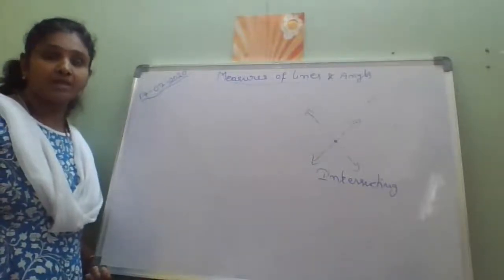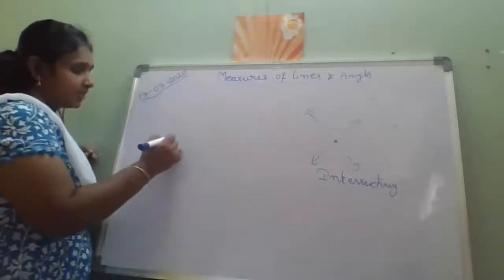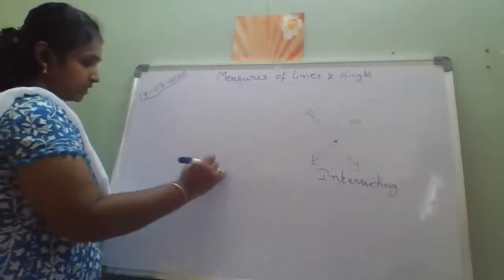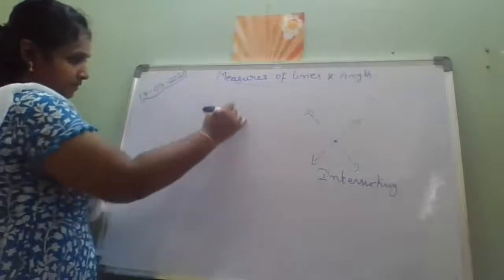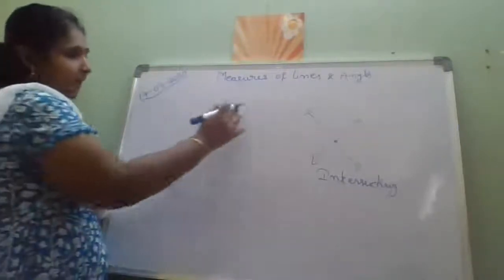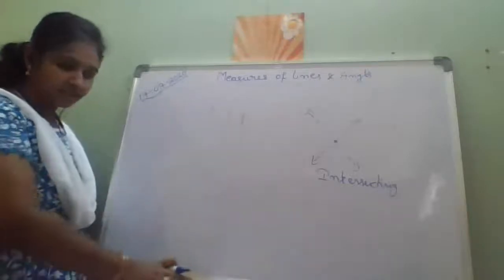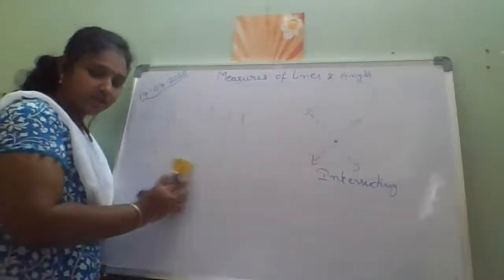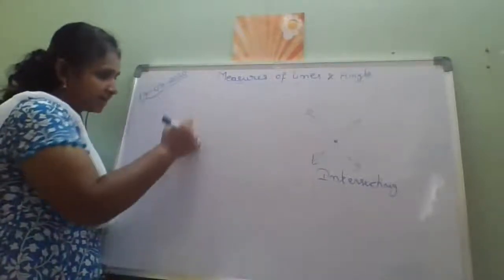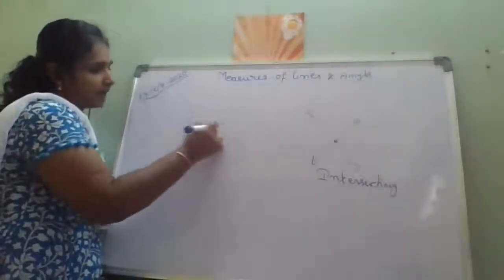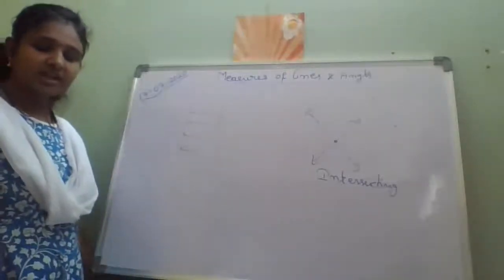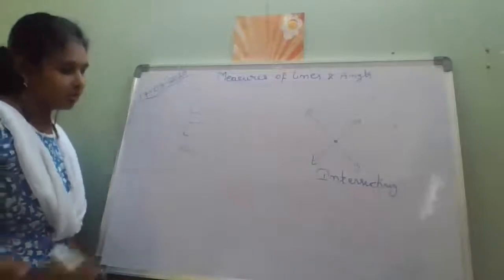See, horizontal means this one, vertical means this. Vertical window bars are parallel lines. Next, railway lines. Parallel lines.